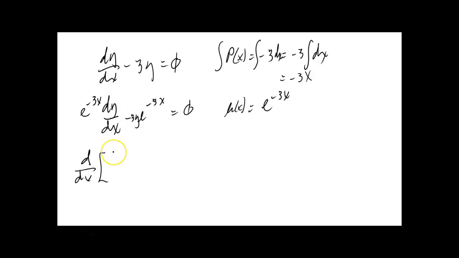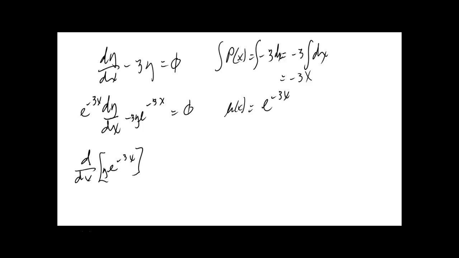This thing right here is the product of y times e to the minus 3x. I'm going to put the y in front. If you don't believe me, take the derivative.